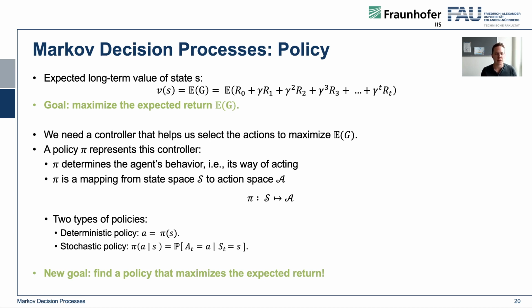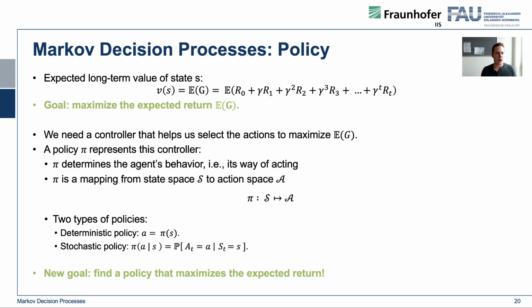Easily said, but what does it mean to maximize the expected return E? How can we maximize this at all? We need a controller that helps us to select the actions that lead to larger returns. And a policy pi is what this controller looks like.